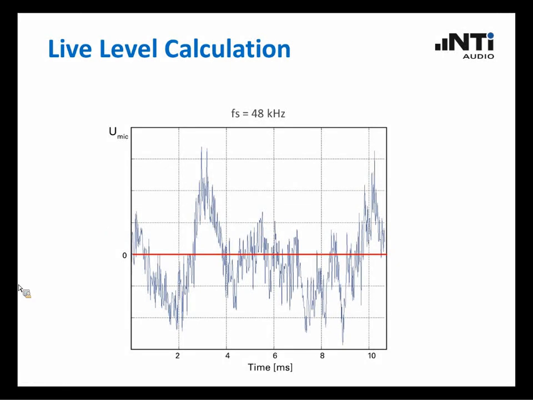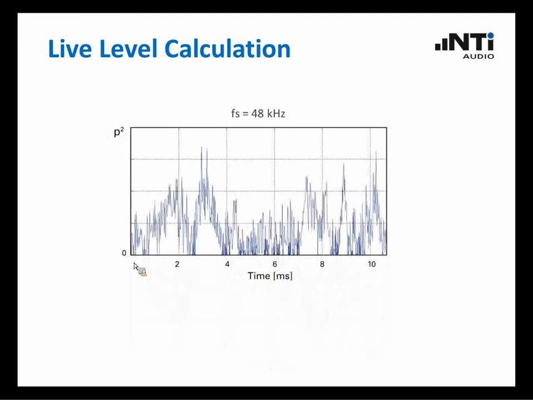So we flip the negative parts below this zero line to the positive side. So this would look like that. And then it wouldn't make sense to display 48,000 results per second. Nobody could ever follow that. And even if you log that to a file, this would really boost your database. You could not really do something reasonable with that.